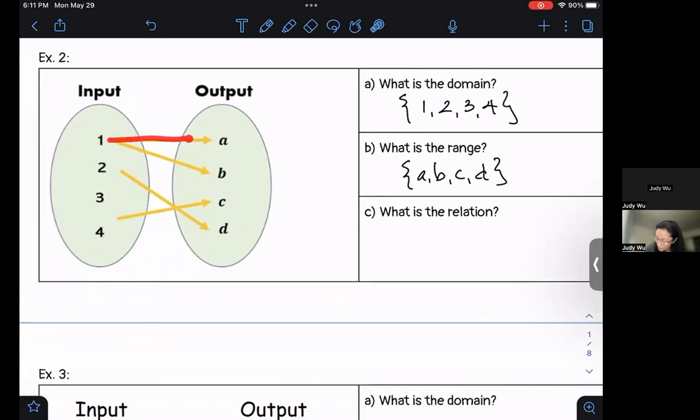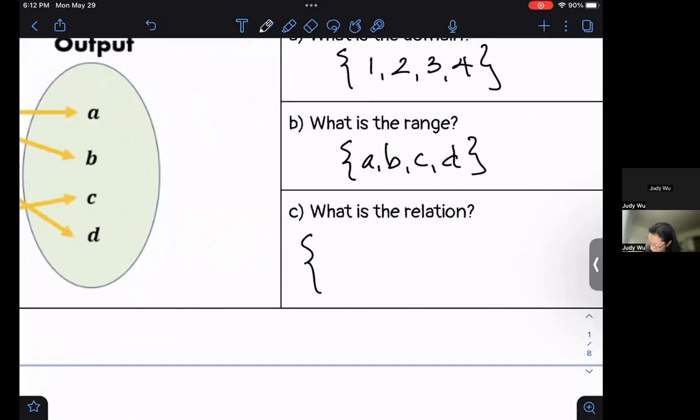We've got 1, A, but we also have 1, B, right? We've got 4, C, and we've got 2, D. So let's write those out.